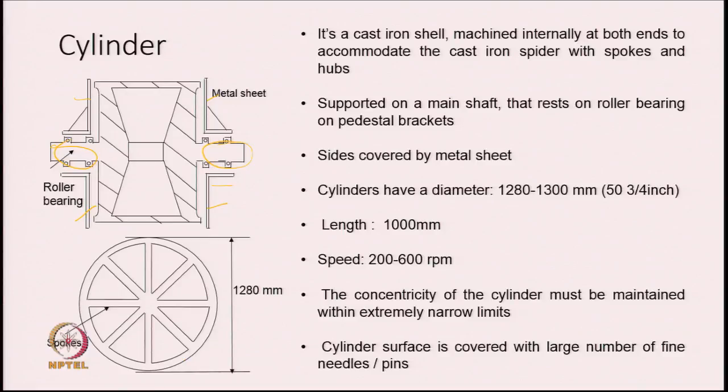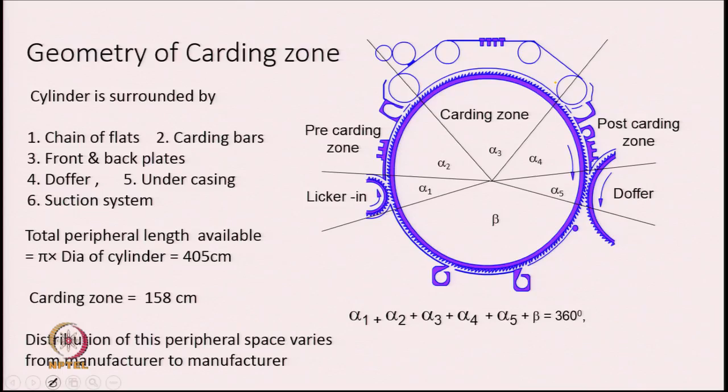Now, we go to the next slide, where we see how the various parts associated with the cylinder are located around the periphery of the cylinder, and this is what is known as the geometry of the carding zone.